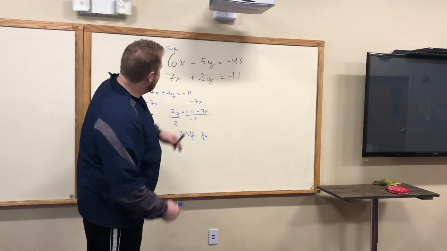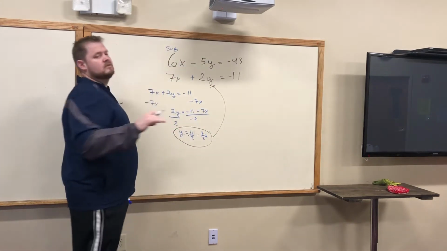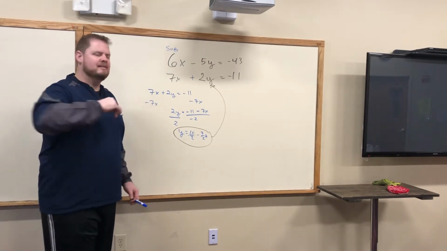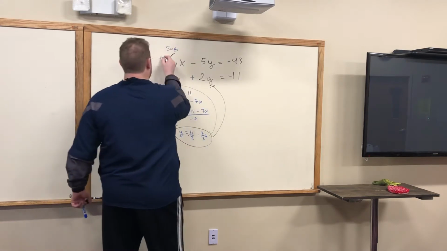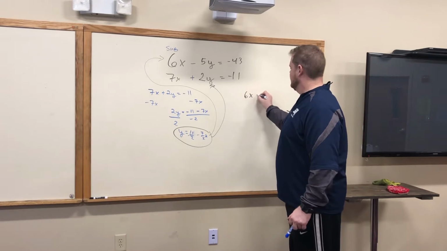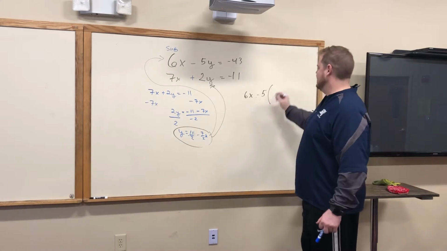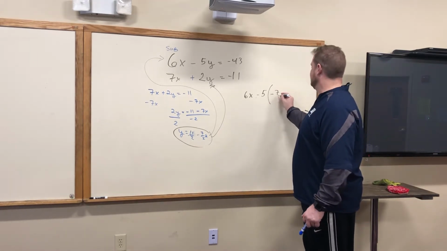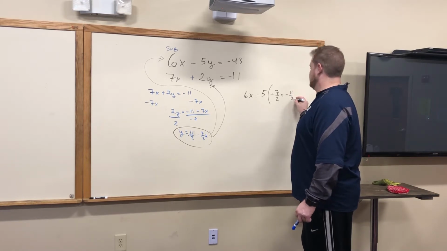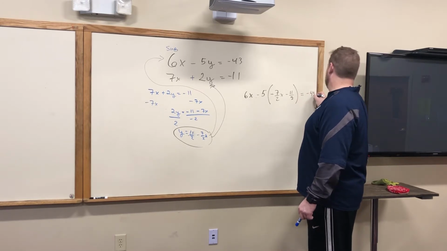Once you have that, you can't plug it back into the same equation. Sometimes people make that mistake. You have to substitute it into the other equation. So we have 6x minus 5 times parentheses, and this is what y is, negative 7x over 2 minus 11 over 2, parentheses, equals negative 43.